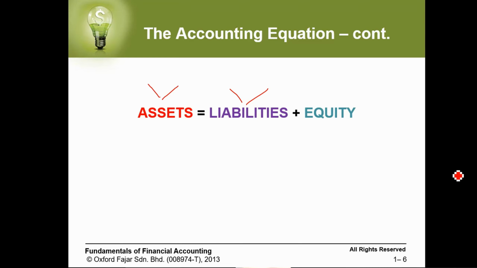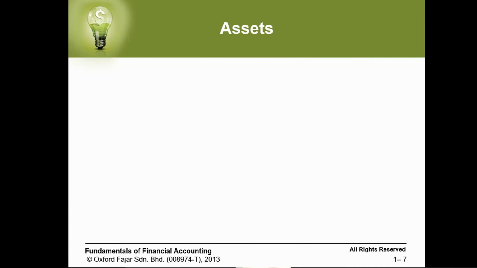Drawings is what the owner withdraws from the company. Revenue is the money that comes to the company. Expenses is what the company pays, and normally we take the net of it, which is revenue minus expenses, either profit or loss. Those are the components of owner's equity.